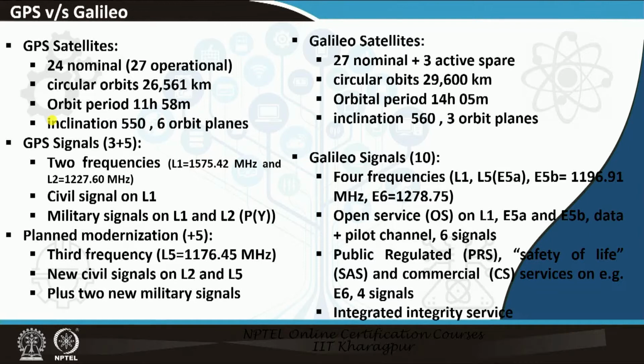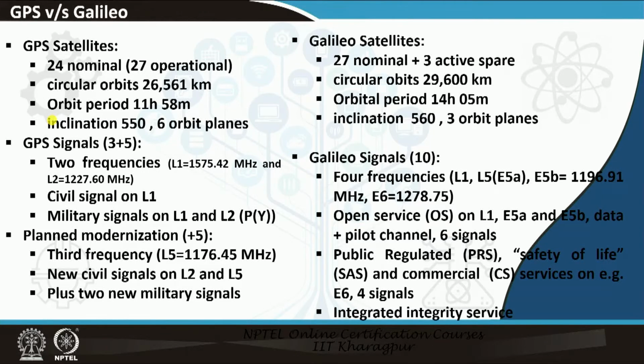If you are an electronics person, you can understand why these frequencies are particularly used. It's basically an open service rather than a selective service. On L1, E5A, E5B plus final channels, there are 6 signals together.